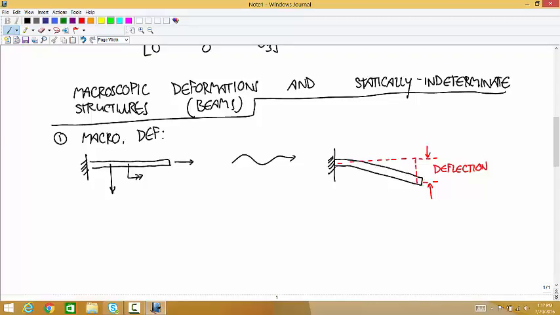And its elongation is this much. And we're going to use that idea in statically indeterminate structures.